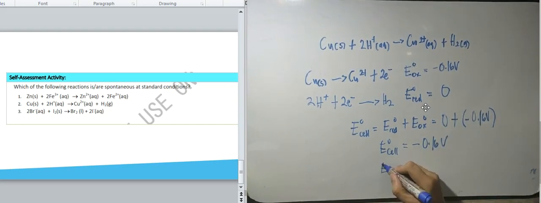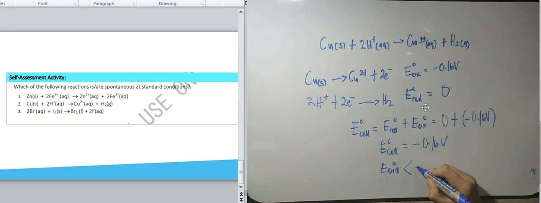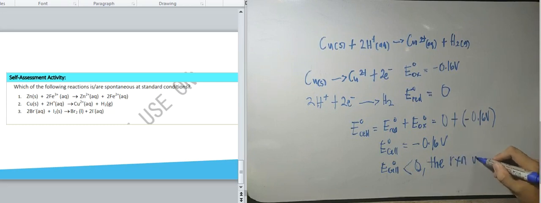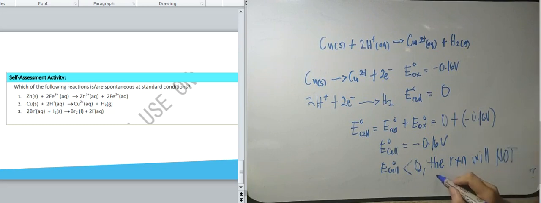And since E cell naught, our cell potential, is less than 0, we can conclude that the reaction will not occur at standard conditions. So E cell naught is less than 0.